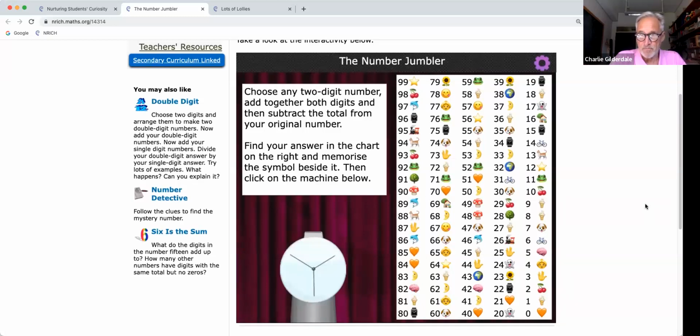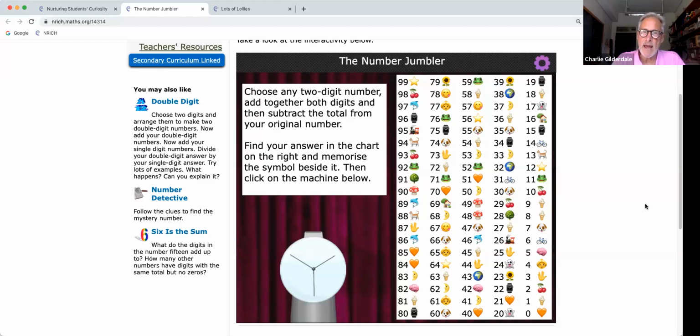Okay, so the task that we're asking everybody to do, and ideally we'd like everybody to have a go at this and then be able to tell us in the chat what happened. So we'd like everybody to choose a 2-digit number. So 45, 17, 94, 22, any 2-digit number, anything between 10 and 99.